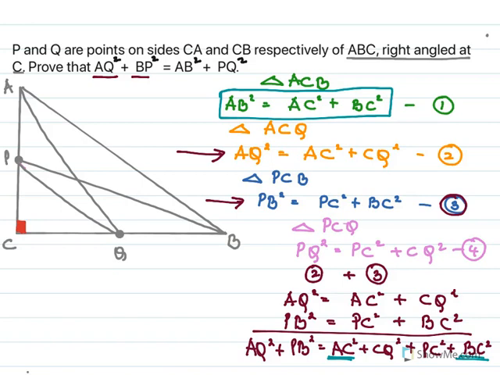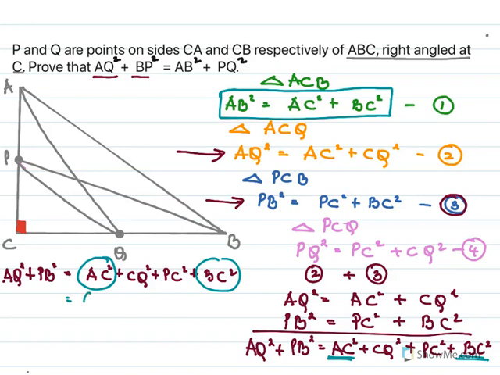AC square plus BC square is AB square. So we will put AC square and BC square together. And then we will put CQ square and PC square together.